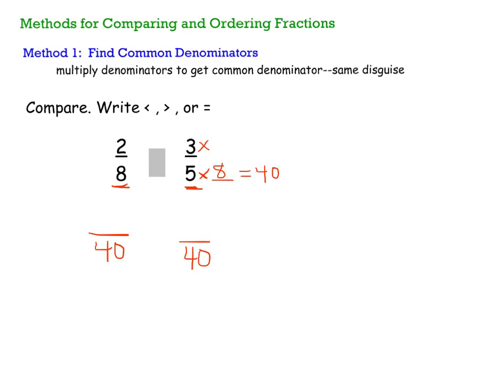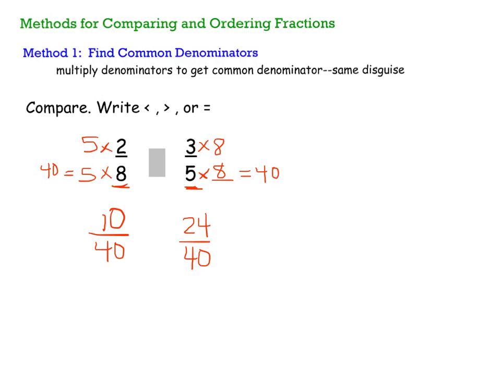Whatever I multiply the denominator by, we also have to multiply the numerator by. So 3 times 8 is 24. Then on the other side, 8 times 5 gives us 40, so I have to multiply the numerator by 5, and 2 times 5 gives us 10. Now this is super easy because all we do is compare our numerator numbers.